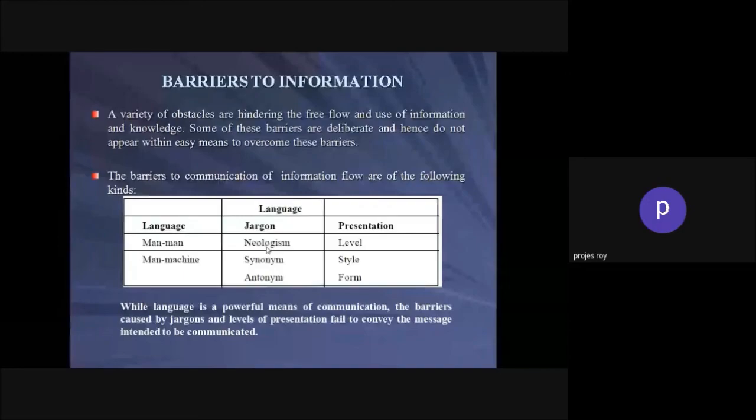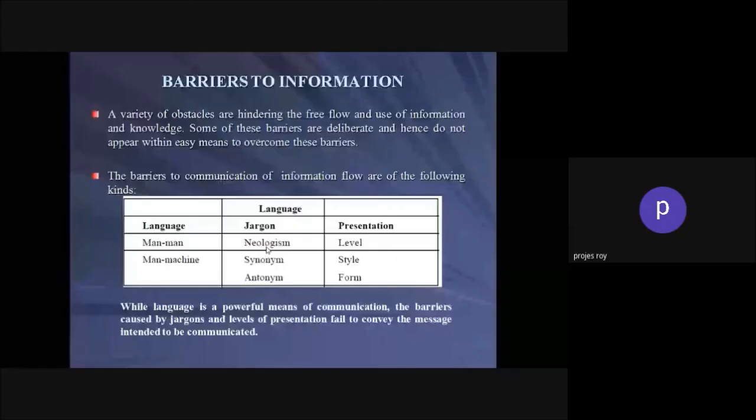So man to machine is synonyms and antonyms. While language is a powerful means of communication, the barrier caused by jargon and level of presentation fails to convey the message intended to be communicated.